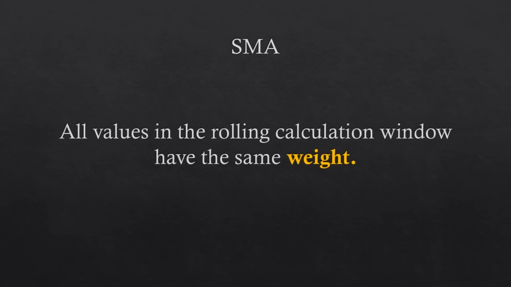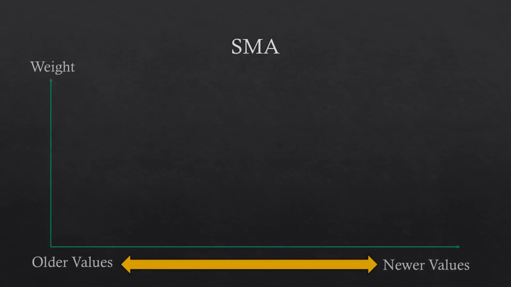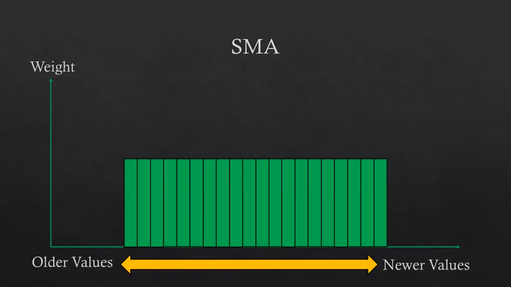The main characteristic of the SMA is that all values inside the rolling calculation window have the same weight in the calculation, meaning that they equally affect the final result. If we use a graph to represent the way values are weighted in the simple moving average, we'll get something like this. Consider that each of these bars represents one value in the calculation of an SMA.